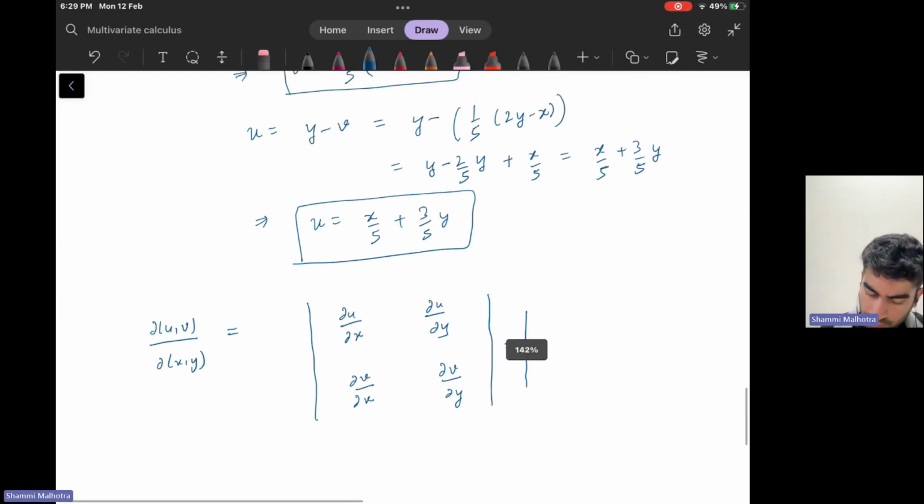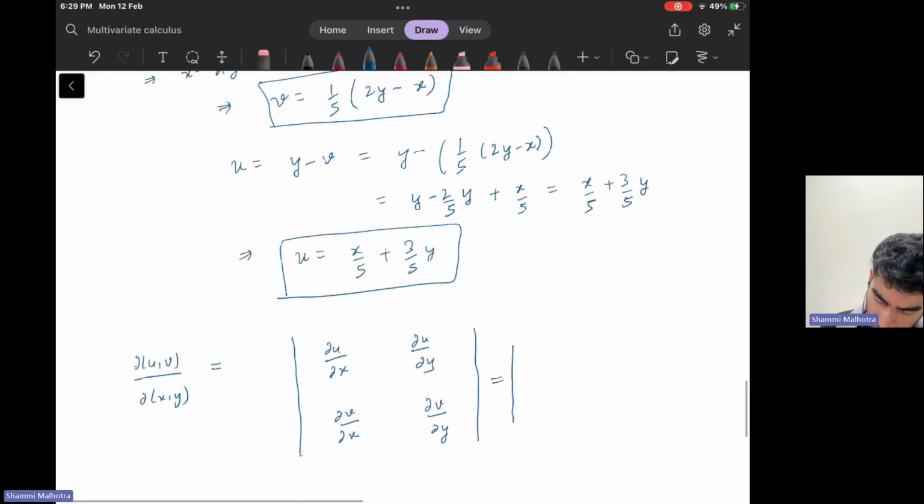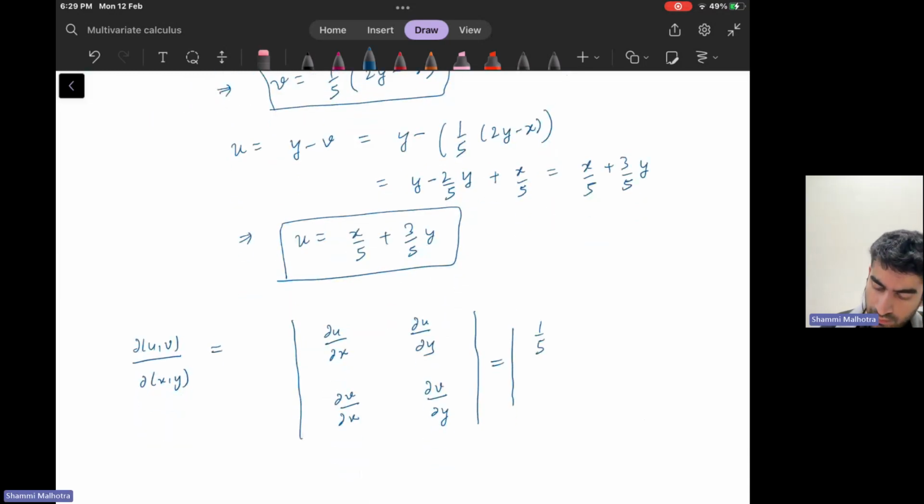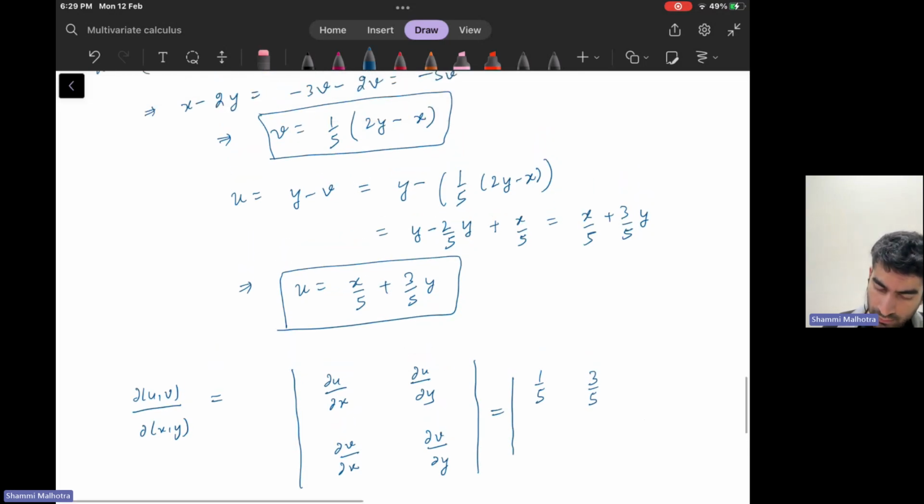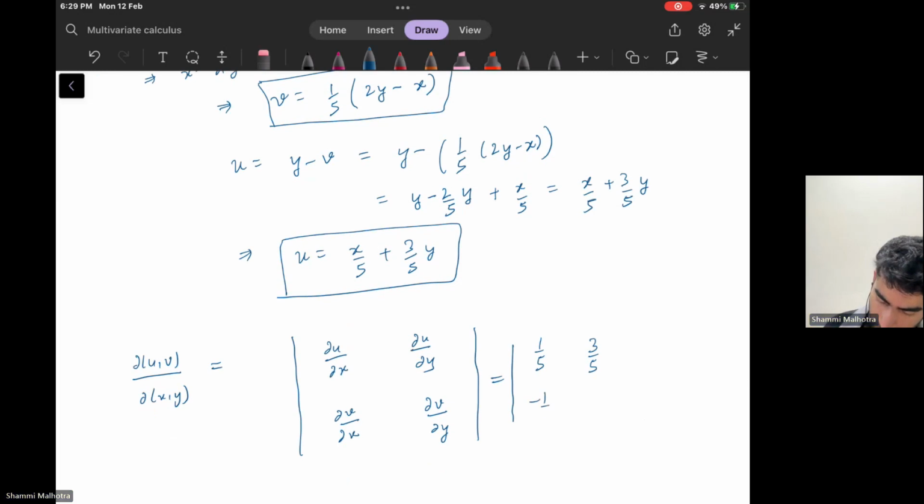So let us differentiate u with respect to x. This would be 1 by 5. With respect to y, this will be 3 by 5. And likewise, when I differentiate v with respect to x, this would be minus 1 by 5. And if I differentiate with respect to y, this will be 2 by 5.